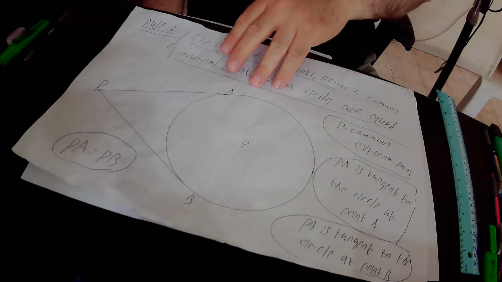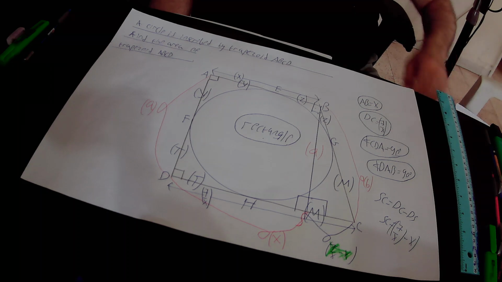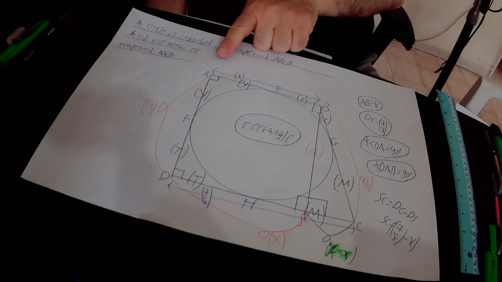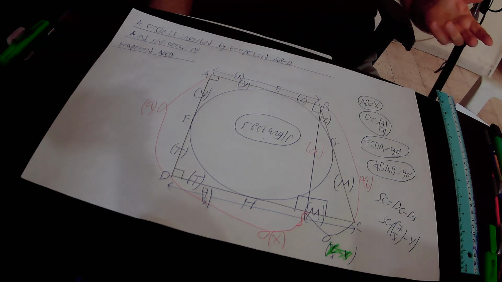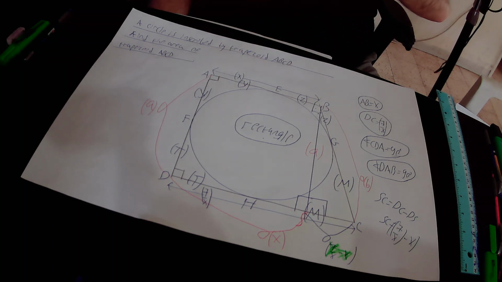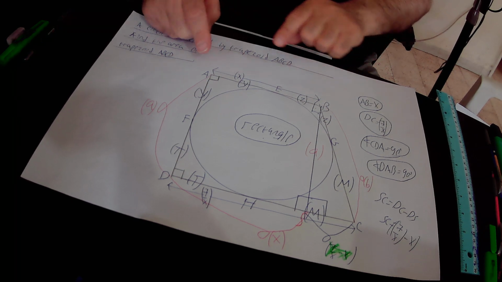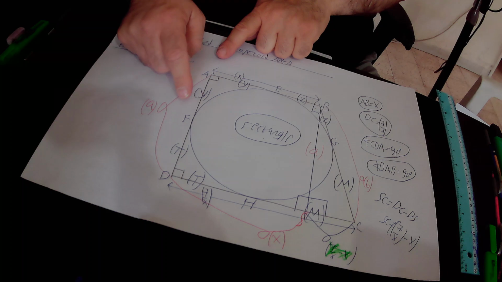We can actually implement this rule 2 in our domain. If you focus on this common external point, point A, from point A we have two tangents to this circle, tangent AE and tangent AF. According to rule 2, they are equal to each other. That is to say, AE equals AF. So if we define the length of tangent AE as y, then the length of tangent AF must also equal y.